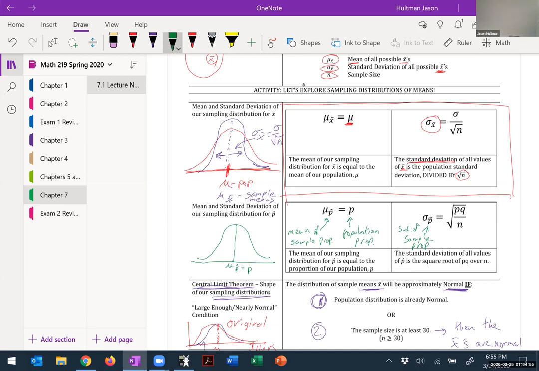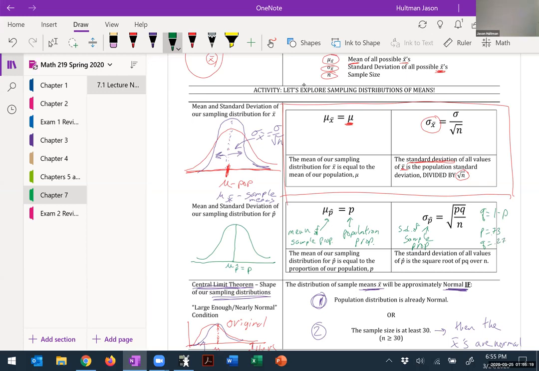Q is the complement. Q is equal to 1 minus P. So if P was equal to 0.73, then Q is the complement, 0.27. You see how those add up to 1?